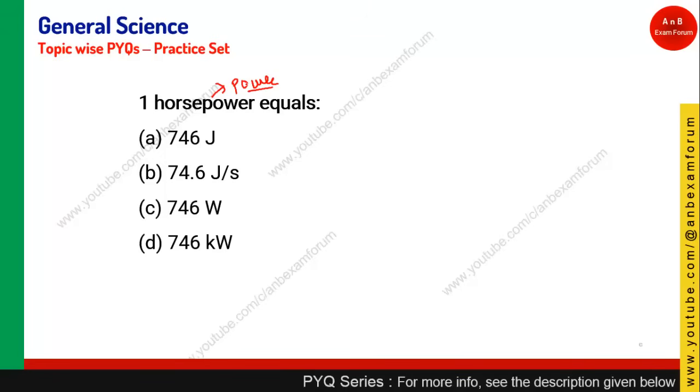So generally students will go for joule or kilowatt or joule per second, but it is watt. The unit of power is watt, and 1 horsepower is equal to 746 watt. This is a very important question. 1 horsepower equals 746 watt.